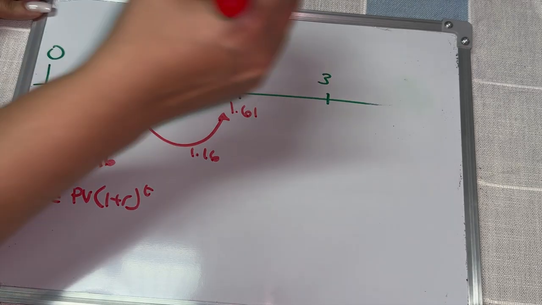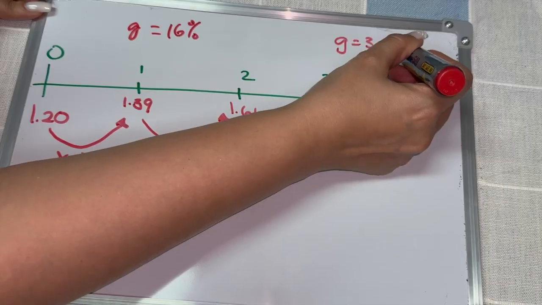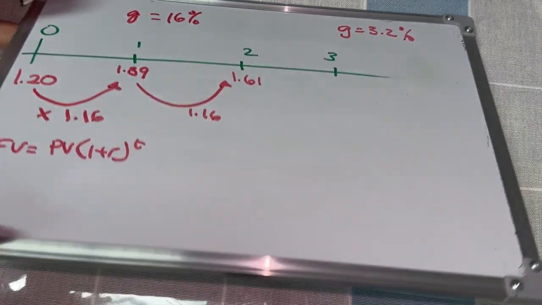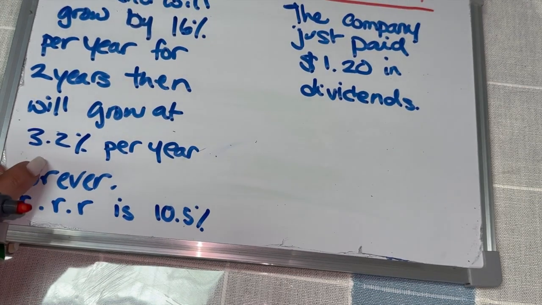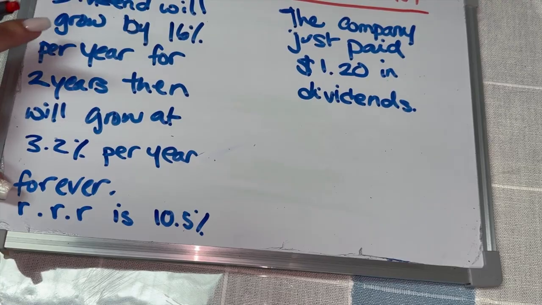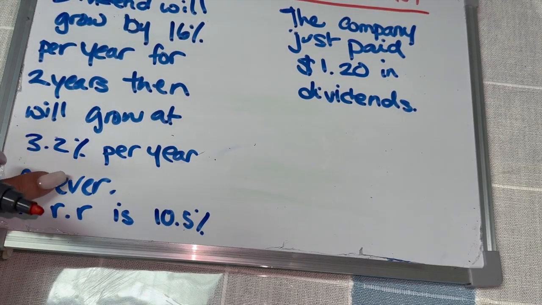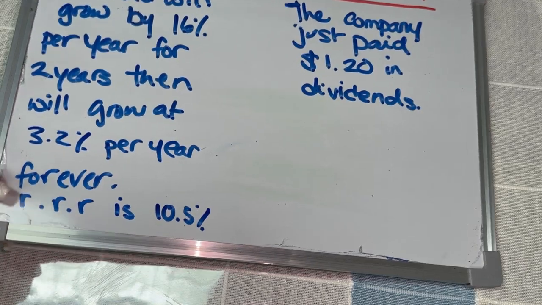After that, the growth was given at a 3.2% constant growth rate, okay? Recall here, it's 3.2%. After the 16% for 2 years, after that it's 3.2% forever, which means it's a constant growth.